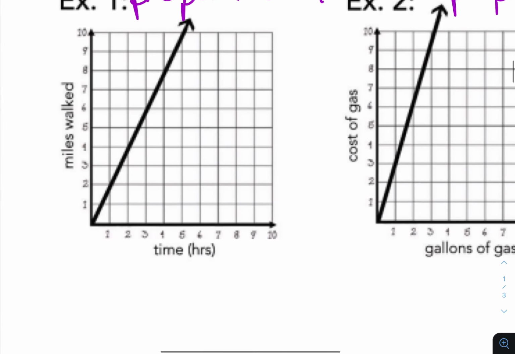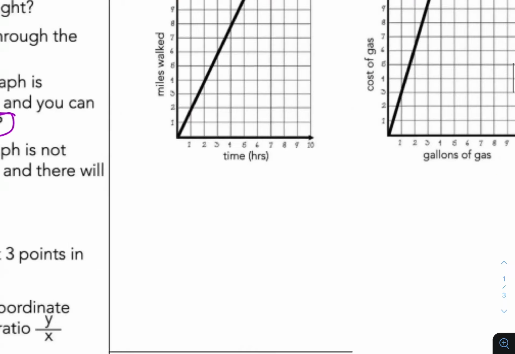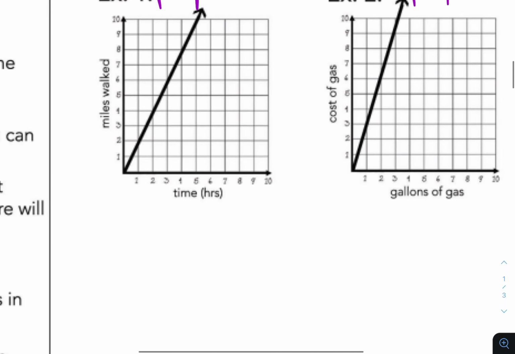Well, we know from what we just defined the constant of proportionality is y over x. So there's a couple of ways we can do this. First, we can use constant of proportionality equals y over x, and we can pick a random point on the line. Just make sure it's a good point. When I say it's a good point, that means you can tell exactly what the coordinates are.